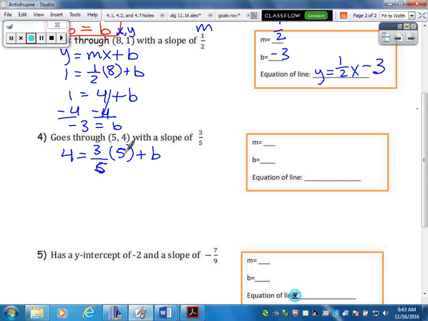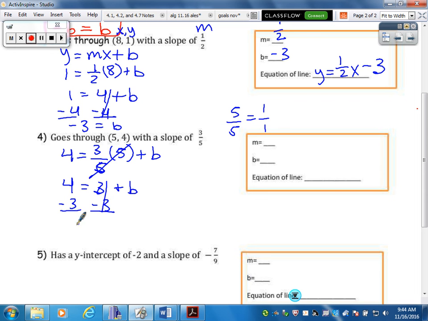So again, when we have a numerator and denominator that are the same, they'll cancel each other out because 5 over 5 is really 1 over 1 if you simplify it. So we're just going to be left with the 3 here. So 3 plus b equals 4. I want b by itself, so take away that 3 from both sides to keep it balanced.